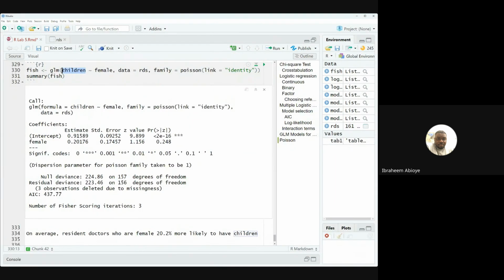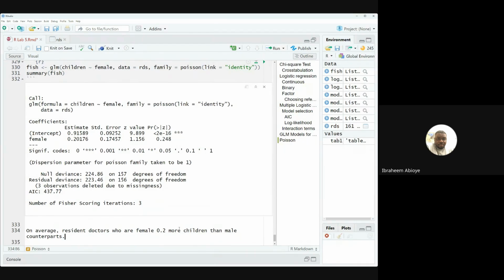And so what we're really dealing with is the mean. So this will be 0.2 more children than male counterparts. So let's interpret that way and keep it that way, even though it's not very meaningful.